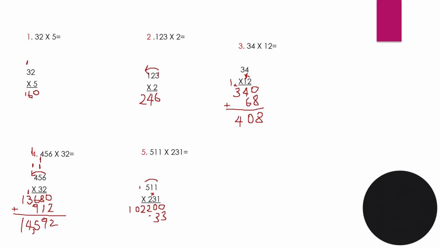So we can just write down the 15, right, because we're finished with that side. And now we're working with the 1. So 1 times 1 is 1, 1 times 1 is 1, 1 times 5 is 5.